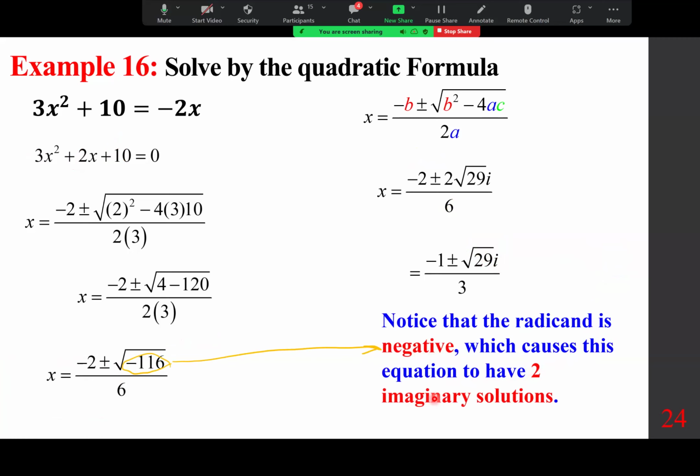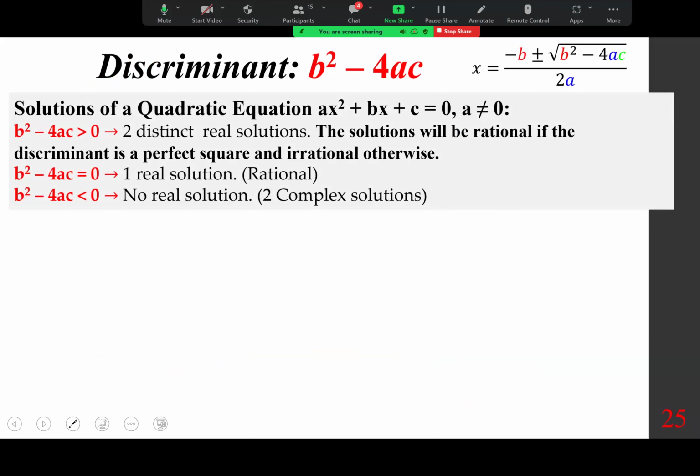which gives rise to the information known as the discriminant. What's under the radical, b squared minus 4ac, has a name. It's called the discriminant. Solution of a quadratic equation ax squared plus bx plus c equals 0, where a is not equal to 0. When b squared minus 4ac is positive, we have two distinct real solutions.